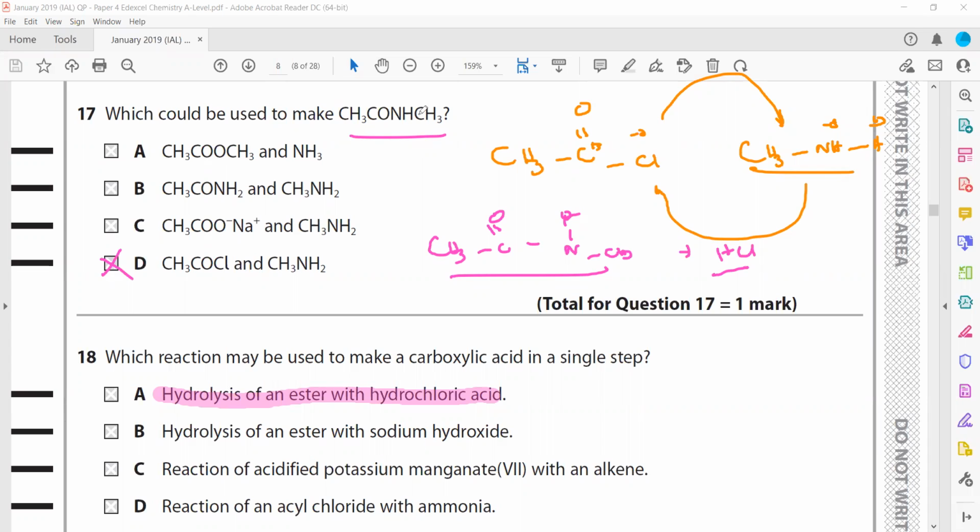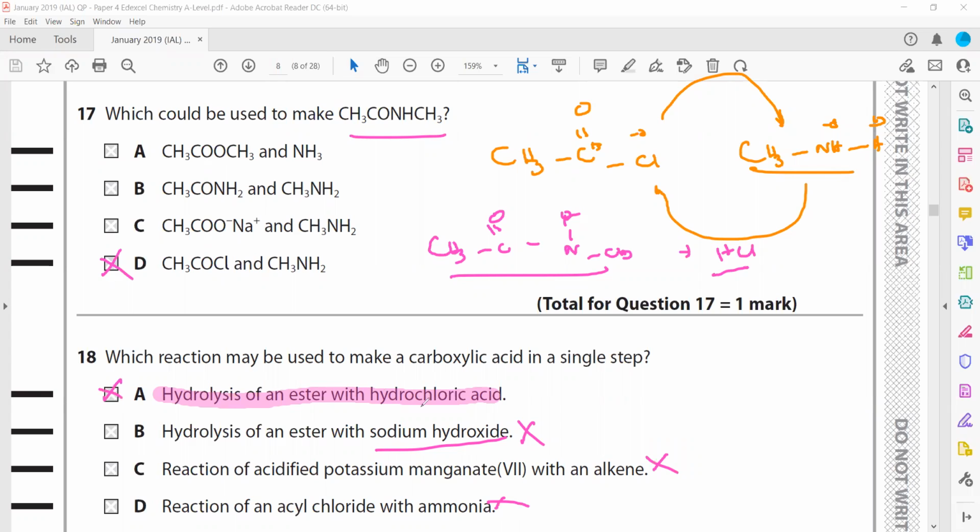Why will this not work with sodium hydroxide? Because when we hydrolyze ester, it produces acid and alcohol, and that acid can react with sodium hydroxide. That's why it does not work. Acidified potassium manganate is for alkene, and acyl chloride with ammonia produces amide, so it does not produce even an acid.